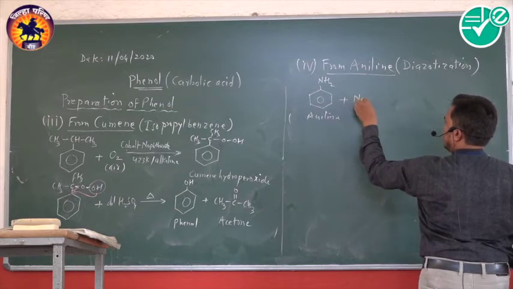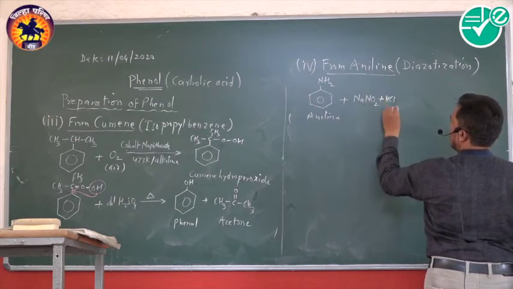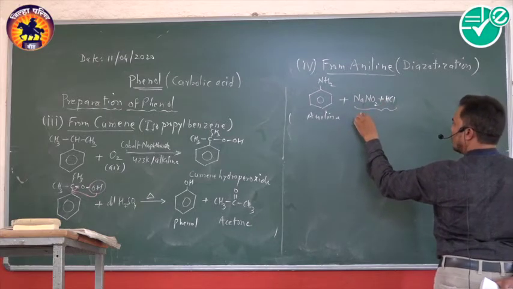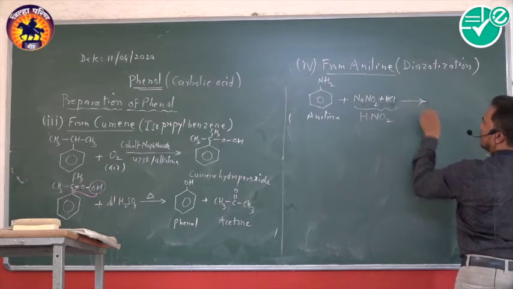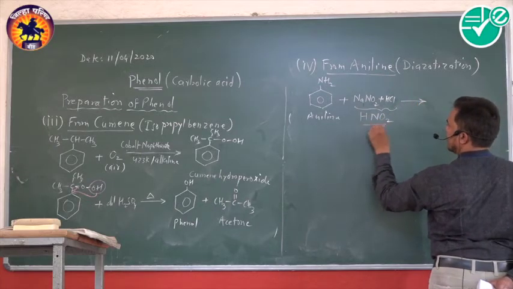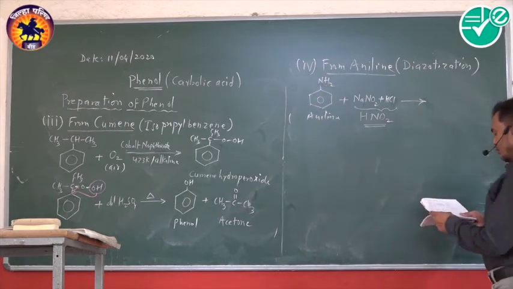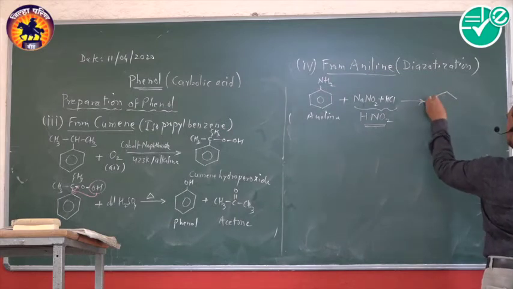sodium nitrite with HCl. Now sodium nitrite and HCl is going to form nitrous acid. Now this nitrous acid with the amino group is going to form a diazonium salt.